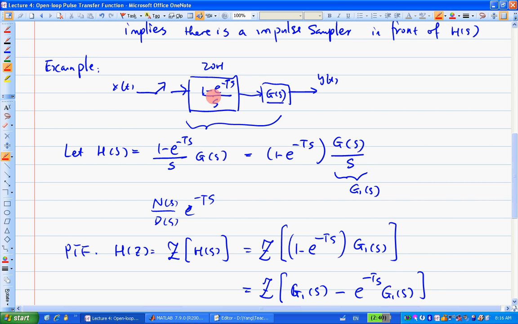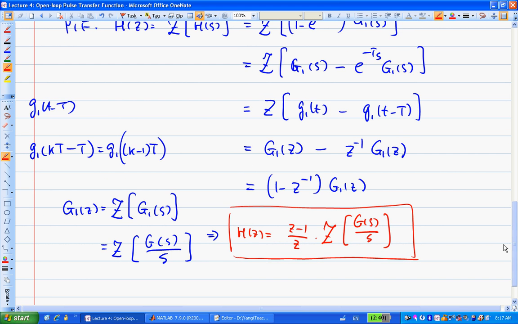One way of discretizing the plant is to put a fictitious block, a zero order hold, in front of your plant. Then your plant will be discretized, and instead of using S, you have the corresponding Z transfer function.